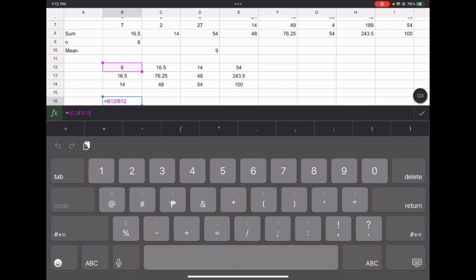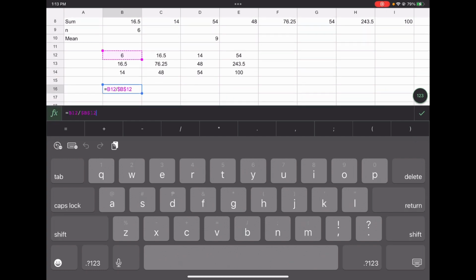However, I'm attaching a dollar sign there so that B12 will not change, because I need to divide everything by 6.